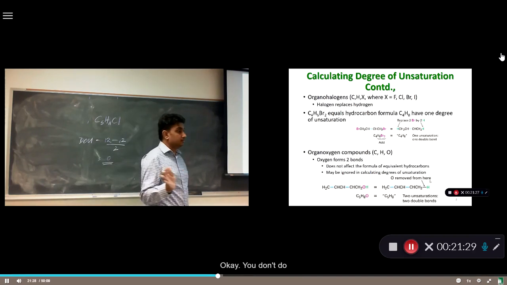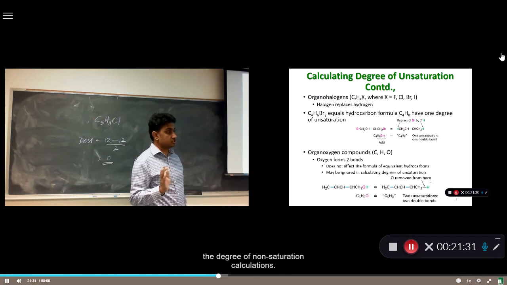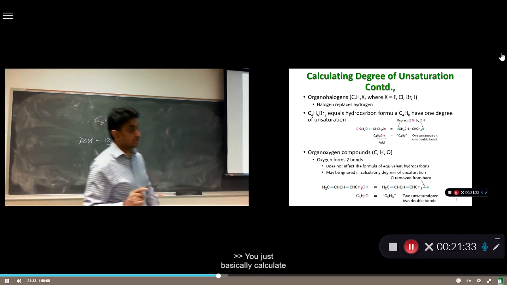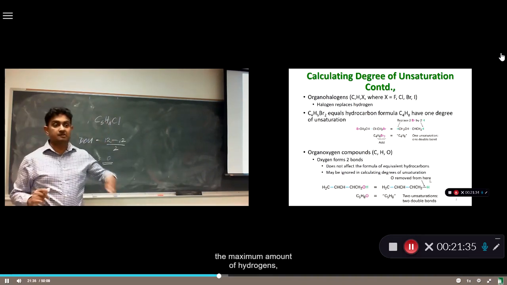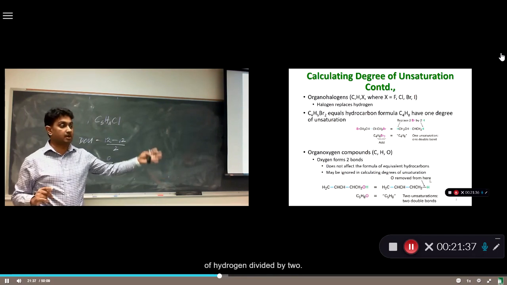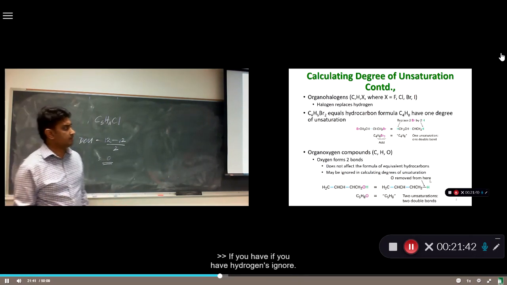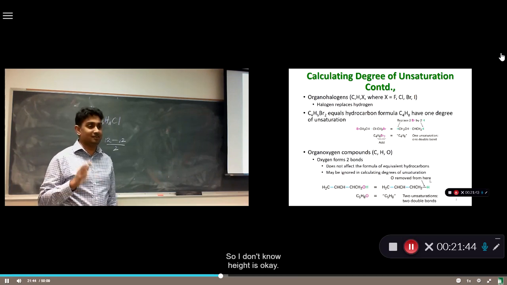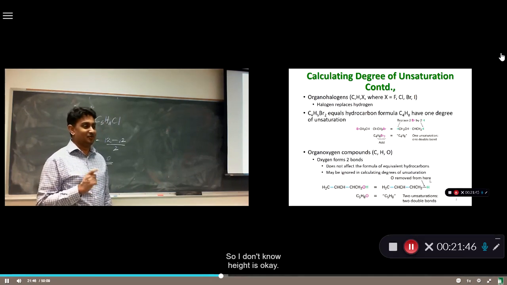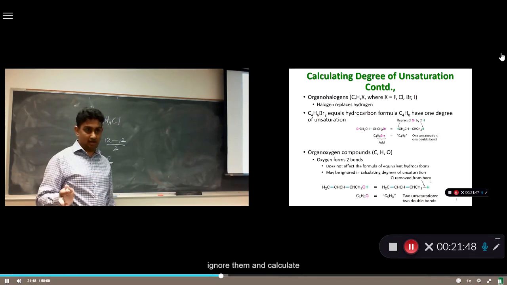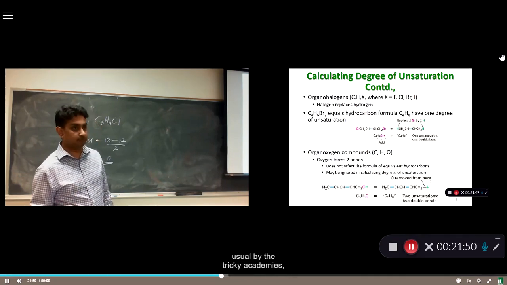You don't do any modifications to the degree of unsaturation calculation. You just calculate the maximum amount of hydrogens, subtract the actual amount of hydrogens, divided by 2. So don't do anything, just ignore. Don't ignore hydrogens, but if you have oxygens, ignore them and calculate the degree of unsaturation as usual.